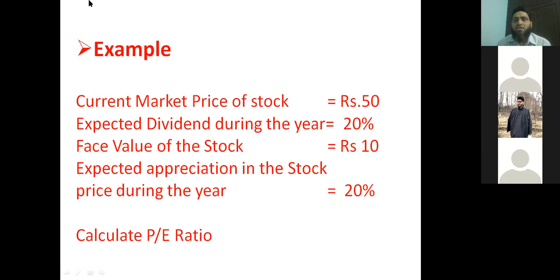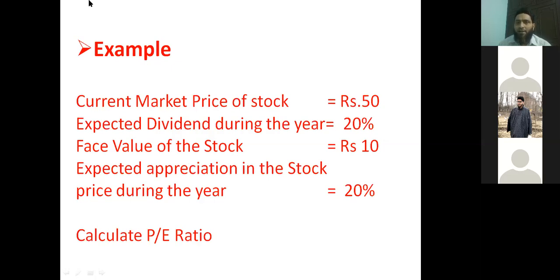Suppose the current market price of the stock is rupees 50. Today the price of the stock in which you have planned to invest is rupees 50, and you want to calculate how much your likely return will be at the end of the year. You are expecting a dividend during the year of 20%. How are you expecting 20%? It has been the trend of the company to distribute around 20% dividend.